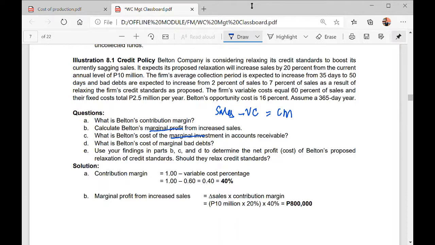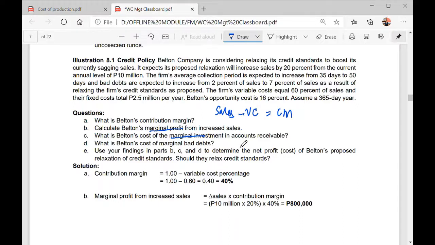Unsa man ang additional investment in accounts receivable? We have already solved this in the operating cycle. Di ba pag mo-lengthen ta or mo-taas atong operating cycle, naay additional nga magasto in terms of our accounts receivable. So that's why we need to compute the marginal investment.